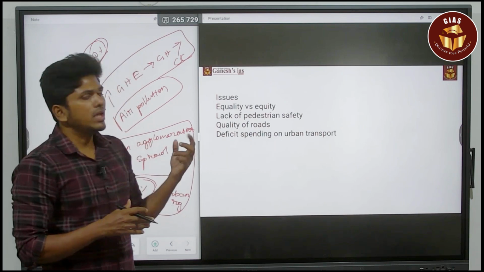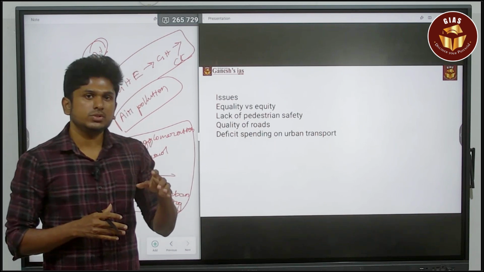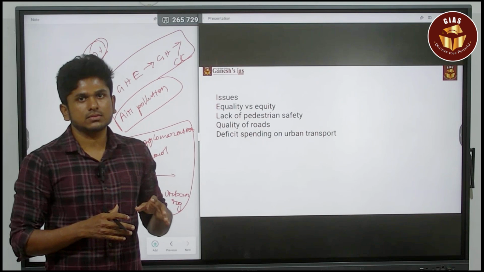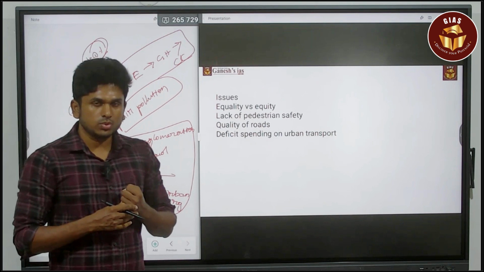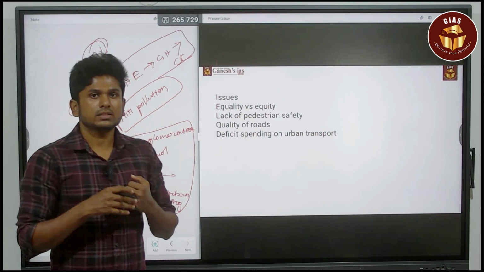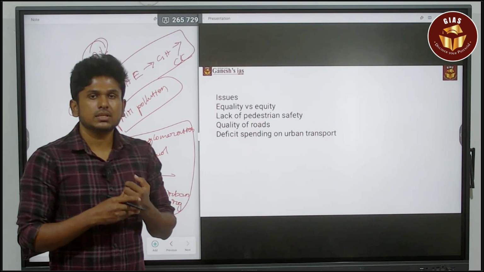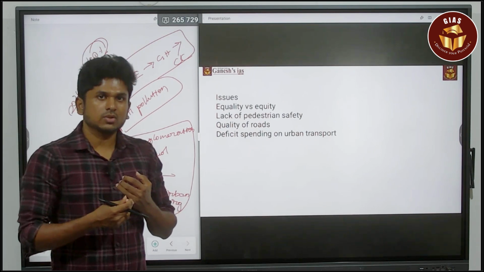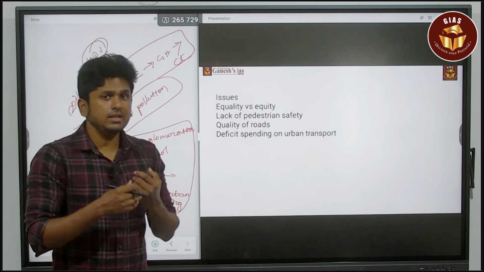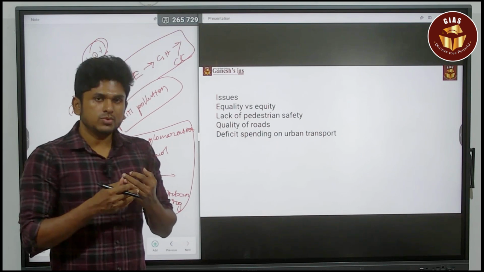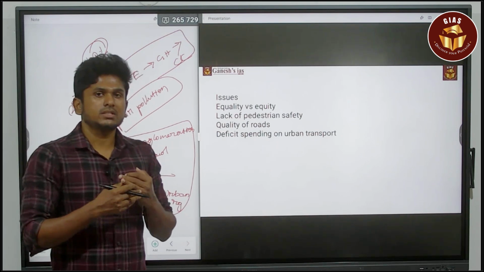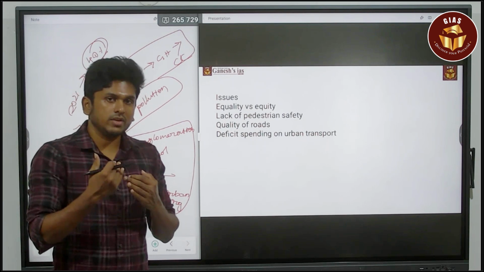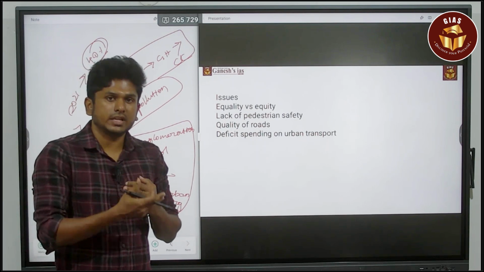Next, the quality of the road. That is the major issue for most of the road accidents. So the quality of the roads, and at the same time the quality of the buses or any facilities. If it is a metro rail, the quality of cleanliness. When it comes to buses or suburban trains, the cleanliness of the region.